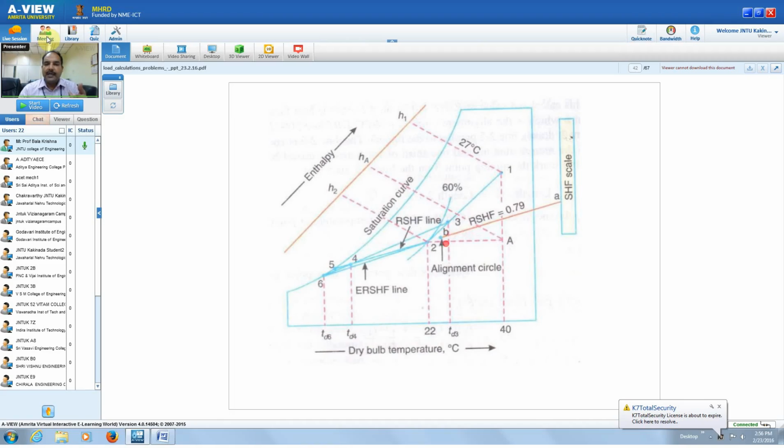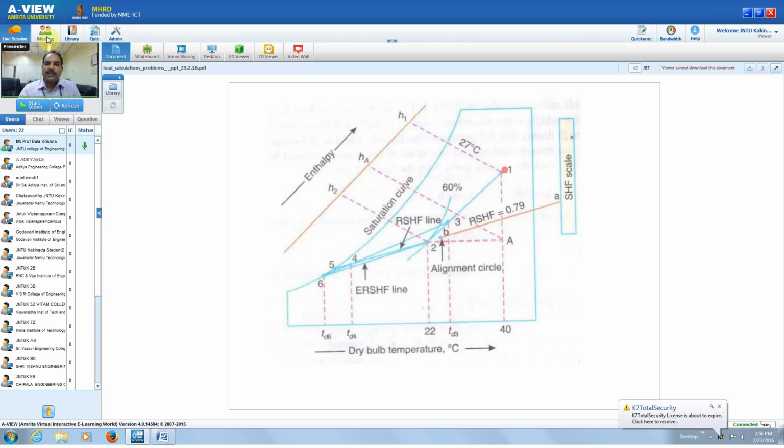Then WBT, the wet bulb temperature, is always noted on the saturation line. Maybe somewhere here is the point 27 degrees. Then you join the 40 degrees dry bulb line and the 27 degrees WBT.